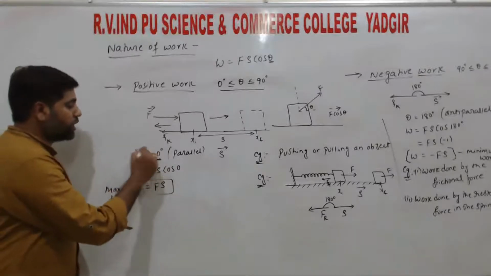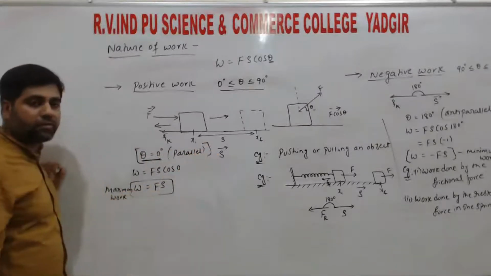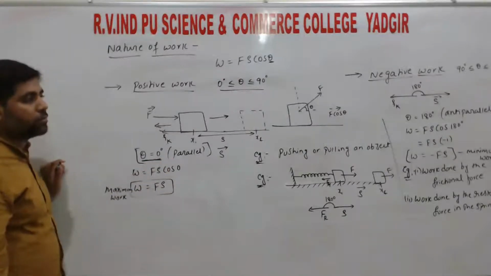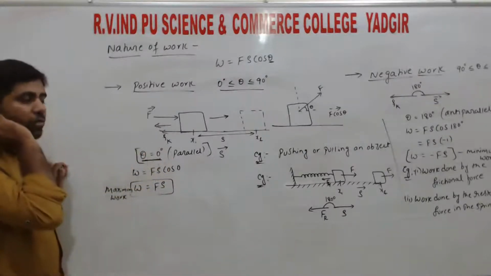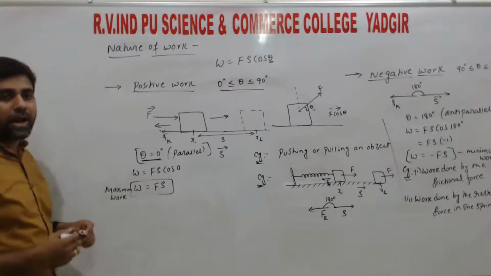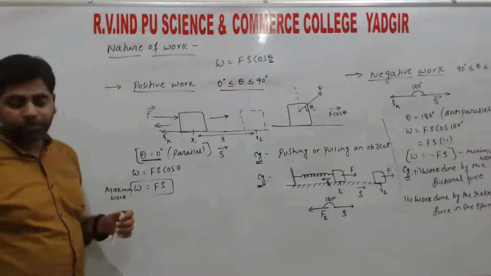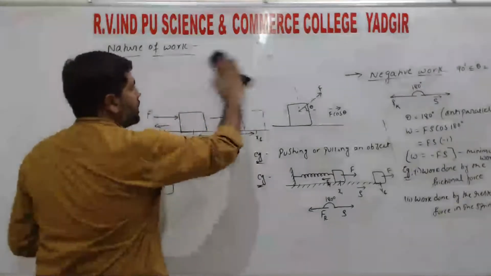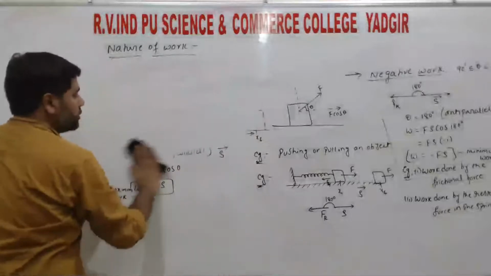For maximum work, you need to mention theta is equal to 0 degree or the force and displacement are parallel. In case of negative work, you need to mention theta is equal to 180 degree or anti-parallel, right? So the last one is zero work.